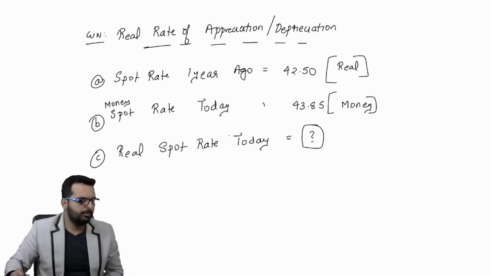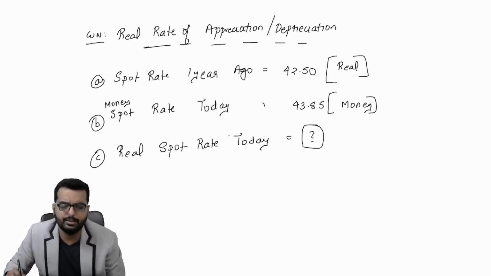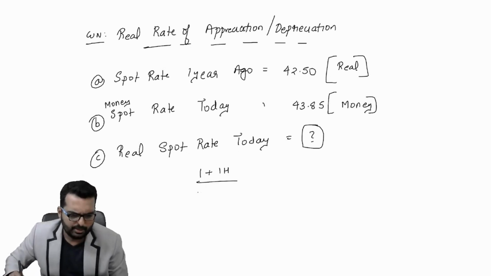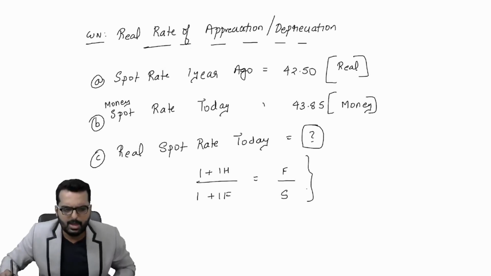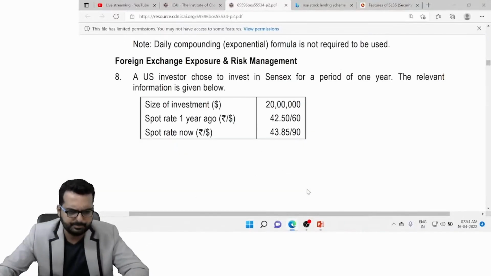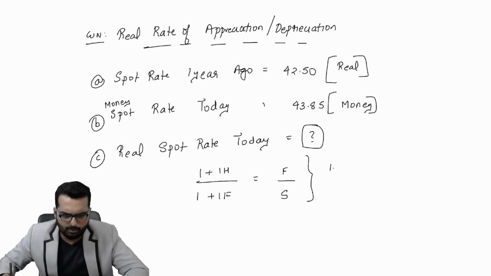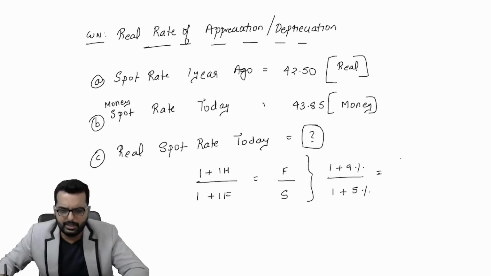How do we find out this? We can find out this using purchasing power parity theory or interest rate parity theory. 1 plus IH divided by 1 plus IF is equal to forward divided by spot. So here, how much is the inflation in India? In India is 9%, so the formula would be 1 plus 9% divided by what? 1 plus 5% should be equal to 43.85 is the forward rate.